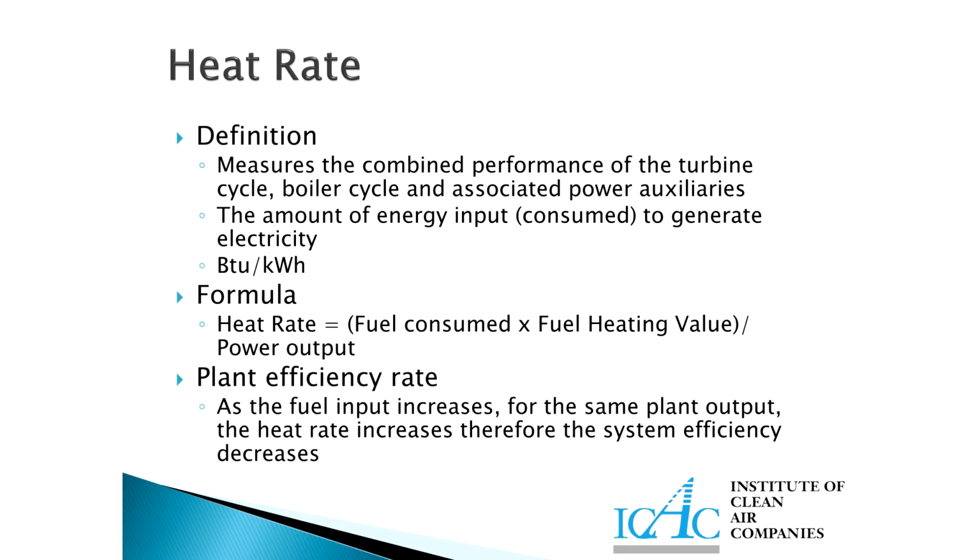Now, what is heat rate? And I gotta go back a little bit. Why are we talking about heat rate? As I'm sure all of you are aware, on June 2nd, the EPA proposed regulations for the existing power plants to basically control carbon greenhouse gases.